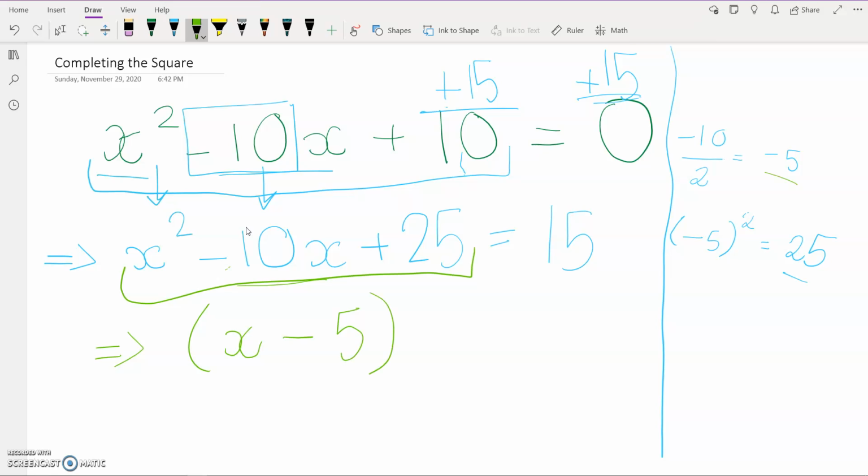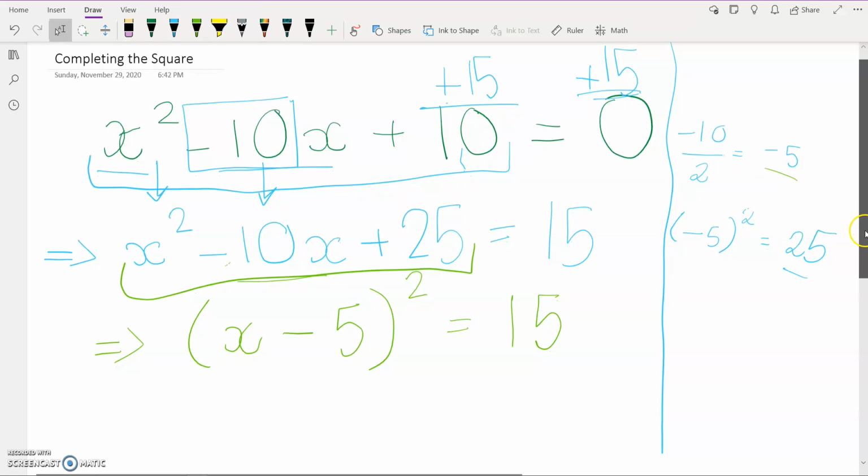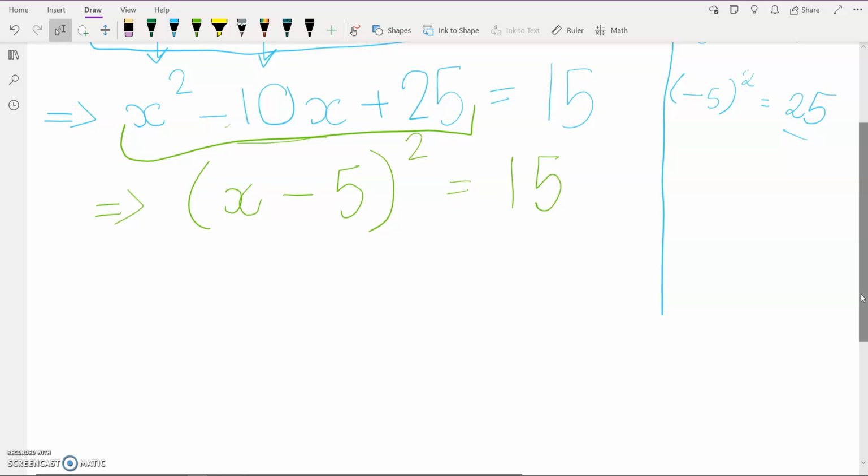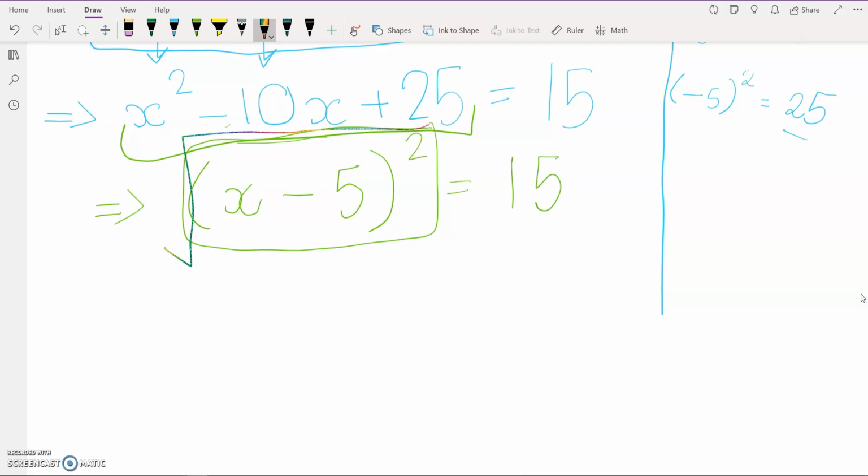So this whole squared is equal to 15. And you probably see now what I was getting at with simplifying our equation with this concept of rewriting our entire expression as a square. Now we can easily, really easily, just take the square root of both sides.